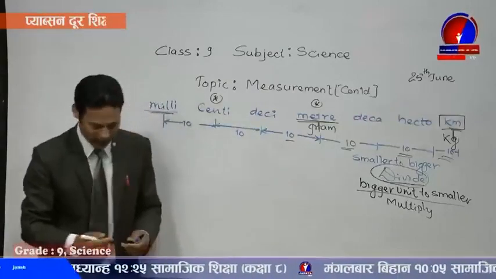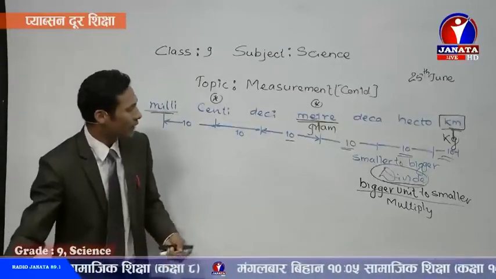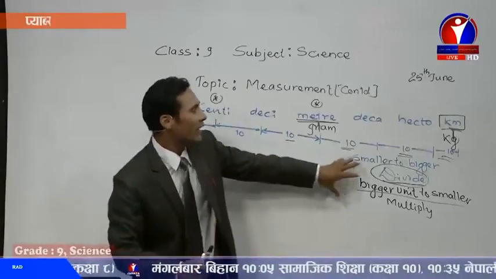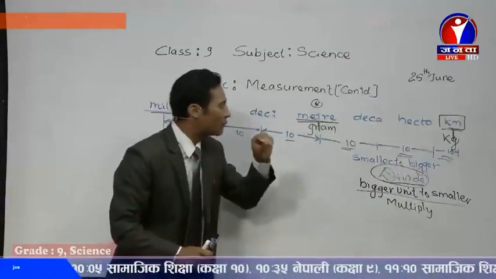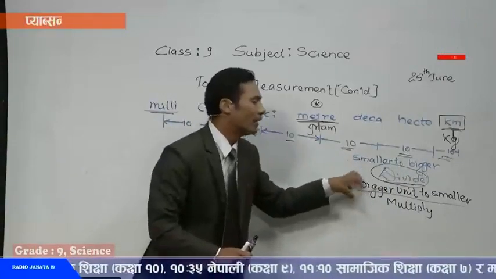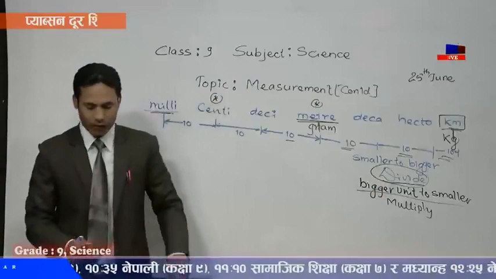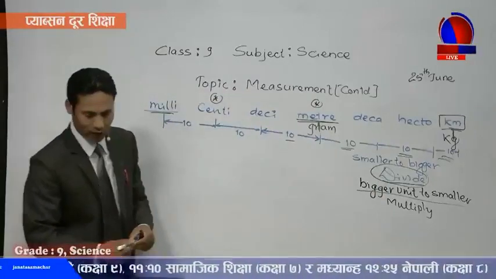So let's see how we can convert this. Again, division will be there if it is smaller unit to bigger unit, and multiplication will be there if it is bigger unit to smaller unit. So let's explore an example.